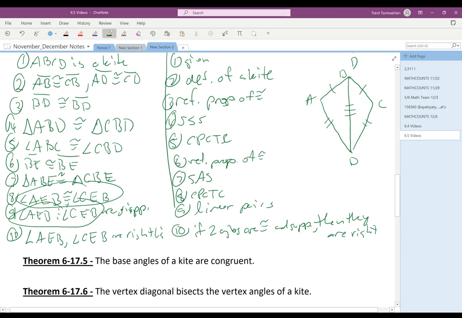And finally, that's enough to show that AC is perpendicular to BD, by the definition of perpendicular lines.